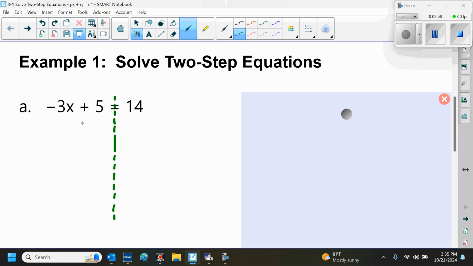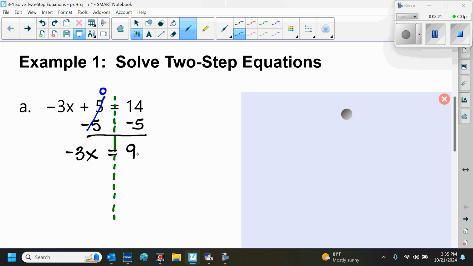I subtract. So we're going to subtract 5 on both sides. Is everybody with me? So here, those 5s cancel to 0. And now we're left with negative 3x is equal to 14 minus 5 is 9.